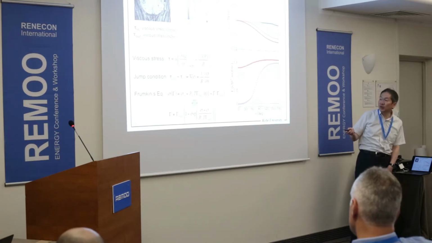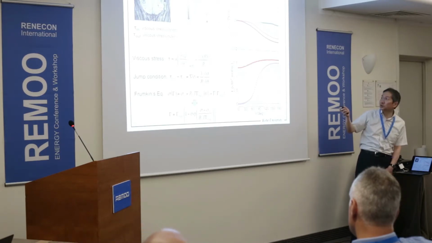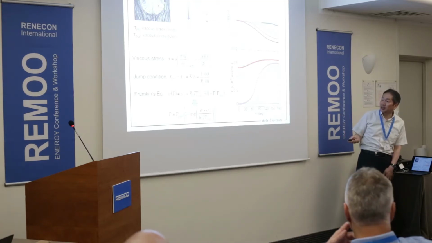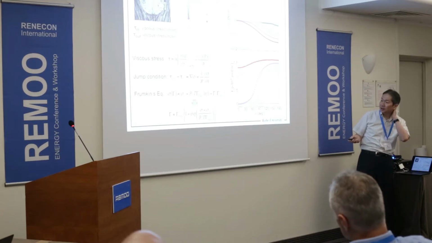Then we know this value, so by integration of this equation we can obtain the surfactant distribution like this, depending on the surfactant bulk concentration. From this you can also evaluate the surfactant concentration at the interface by substituting this value into this equation.